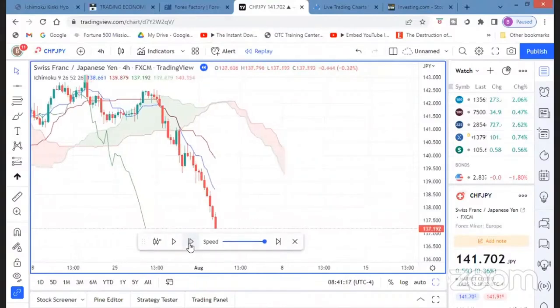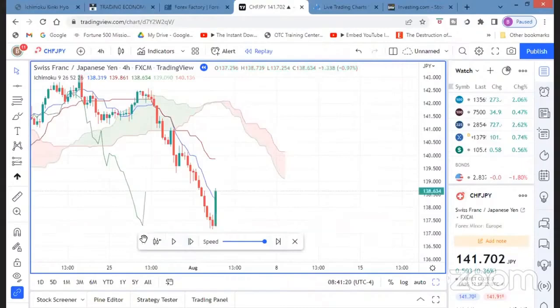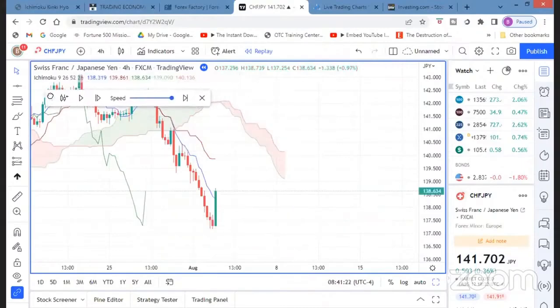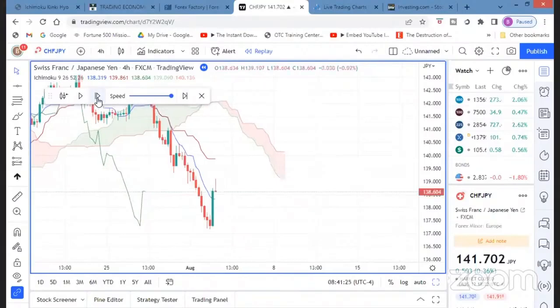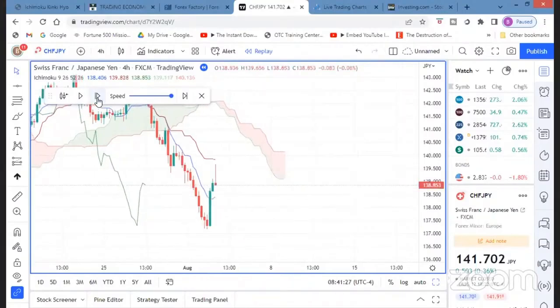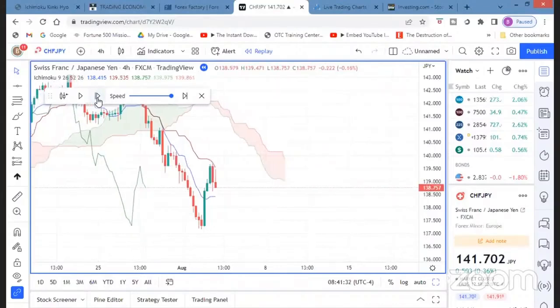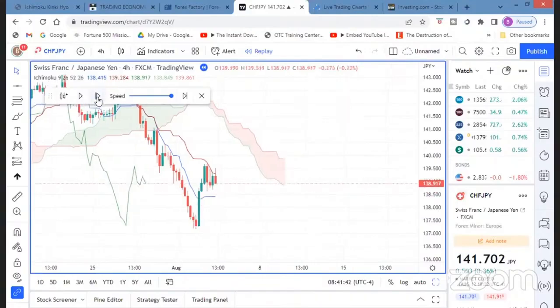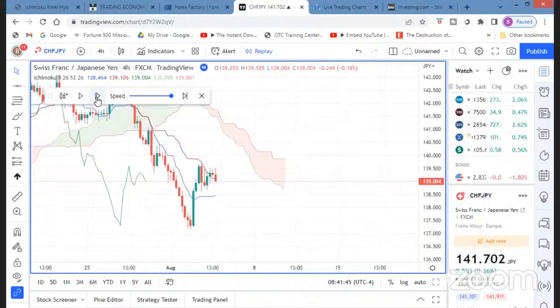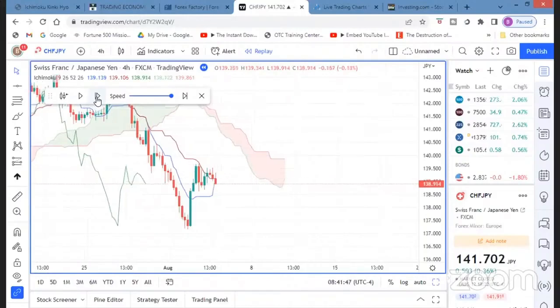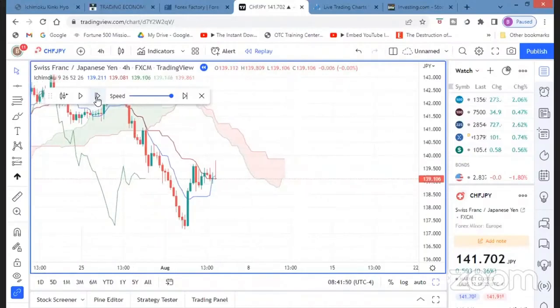Now to look for signs of reversal, let's move it forward. Look at everything. Look at your Chikou span. Look at your lines here, your Tenkan-sen, your Kijun-sen. See it starting to cross.